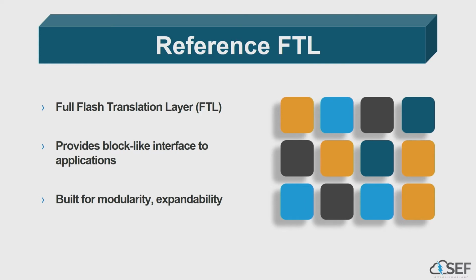They do not support overwrite in place, so you can't just write over a sector that you'd previously written. You have to erase it first, and interestingly enough, the granularity of erase is different than the granularity of write. Typically, you erase in very large chunks called blocks, and you write in very small chunks called pages.